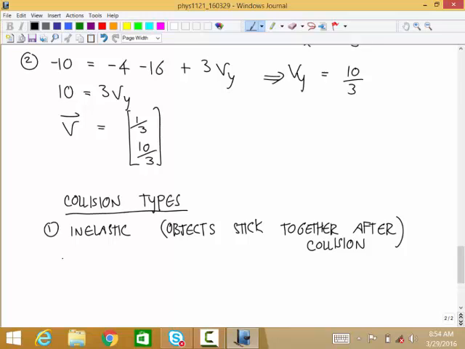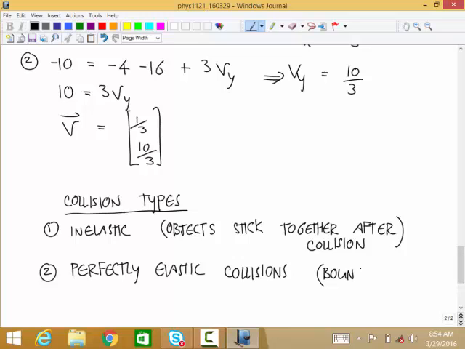And then we're going to talk about perfectly elastic collisions, which are ones that bounce apart in such a way that a certain kind of energy stays the same. We'll talk about that when we get to it.